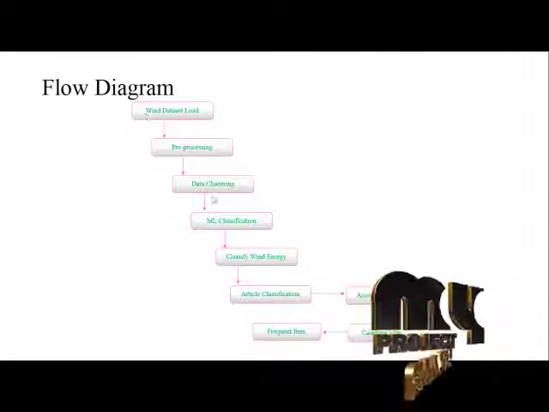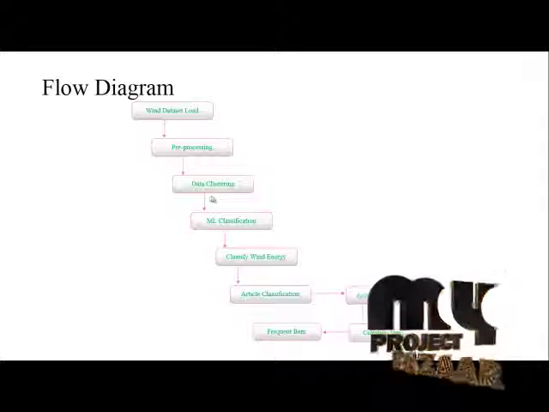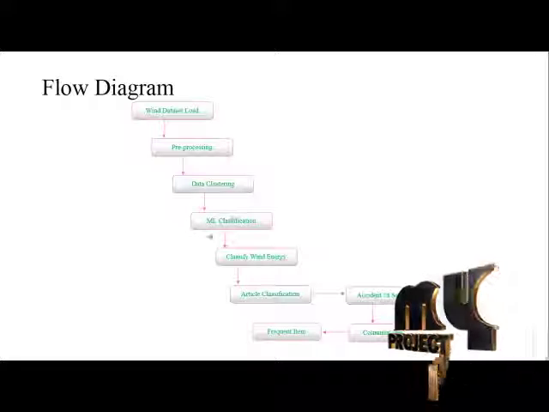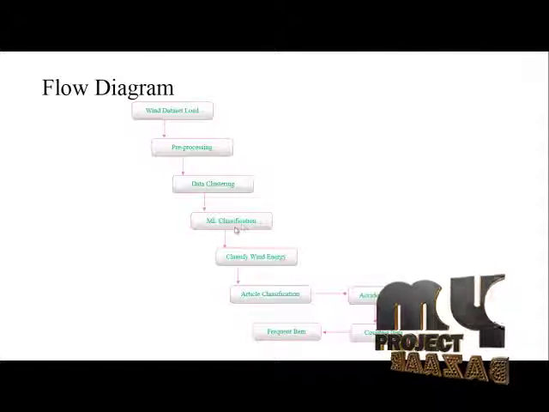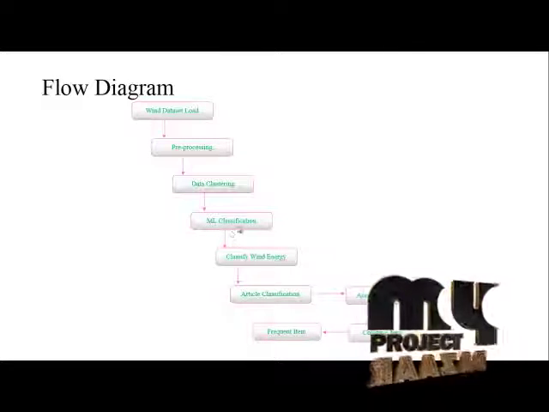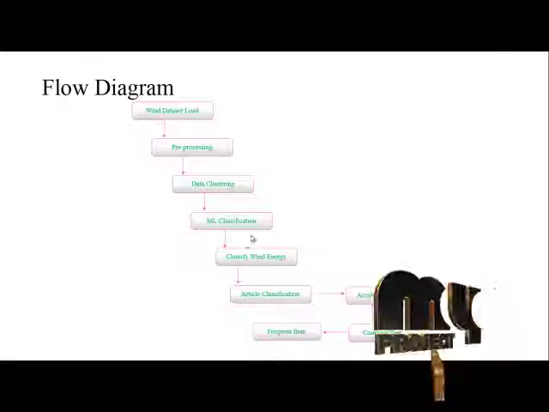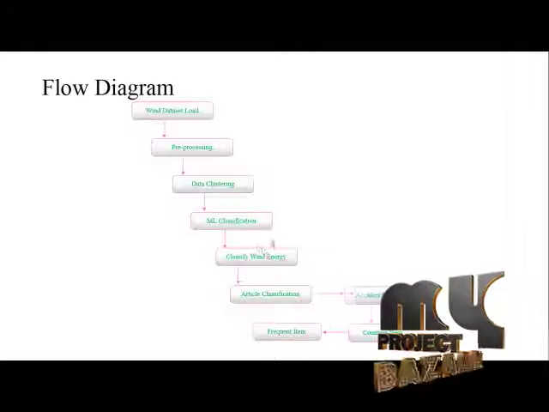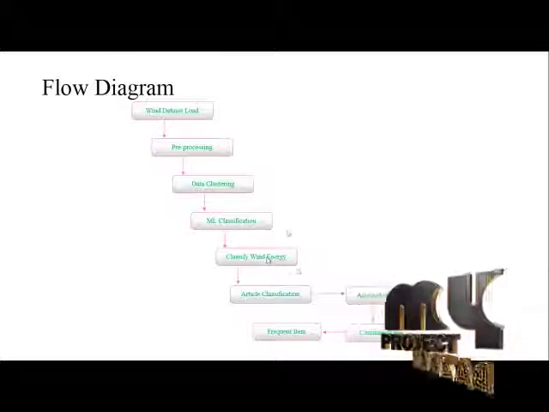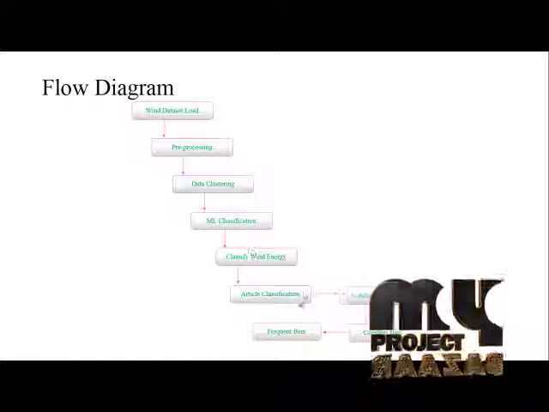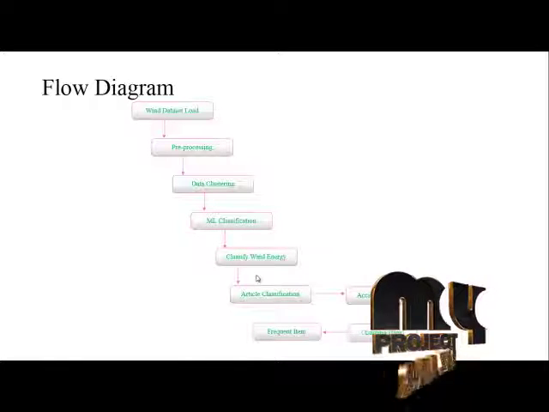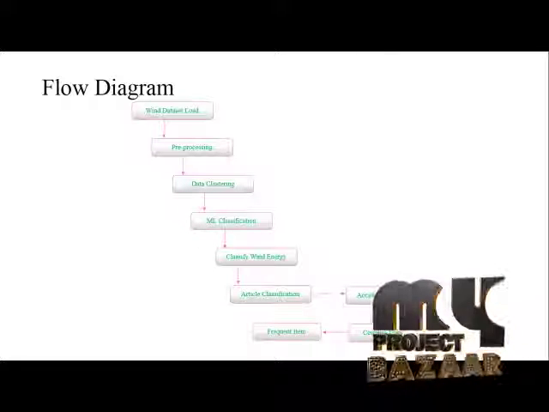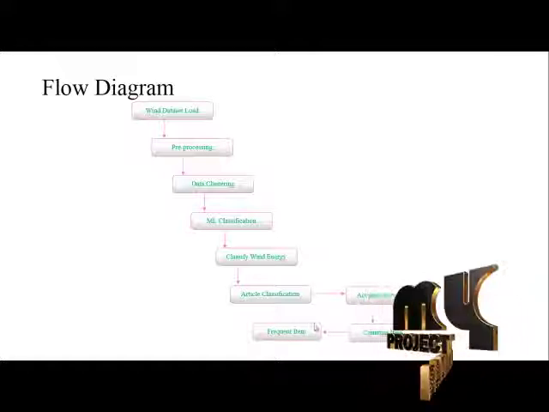Next is the data clustering, or file clustering, where the data is clustered based on different sets of attributes. After the clustering, the data is classified using machine learning algorithms for data classification, grouped by attributes. Then come article classification, counting items and frequent items.